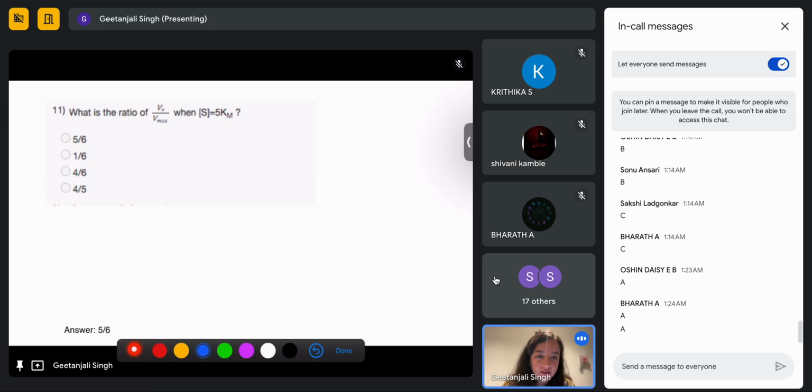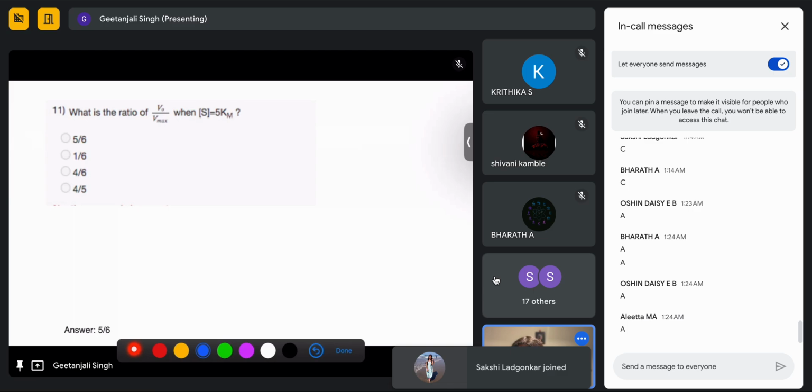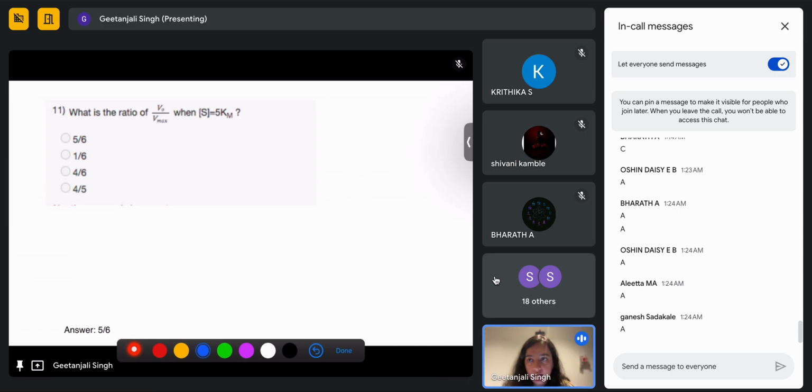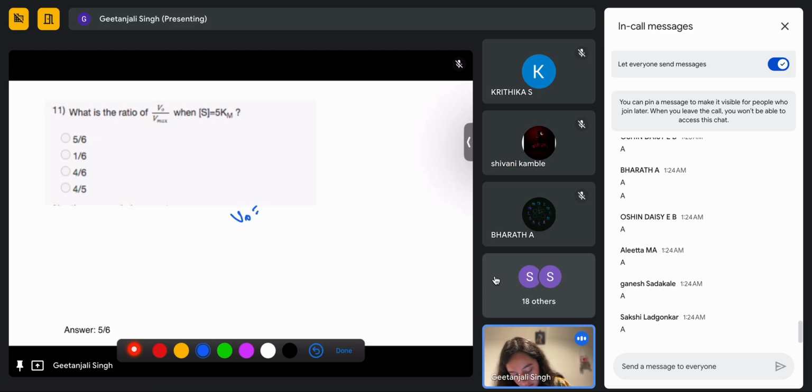Let's just write the equation. We know V naught is equal to Vmax times concentration of substrate divided by Km plus concentration of substrate. Right? This is the equation called the Michaelis-Menten equation.